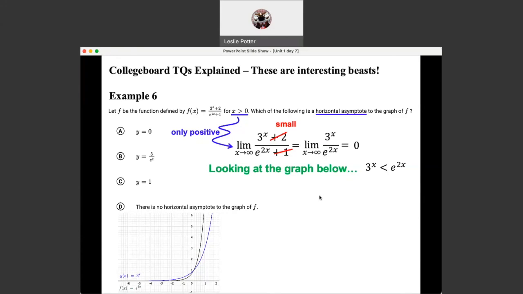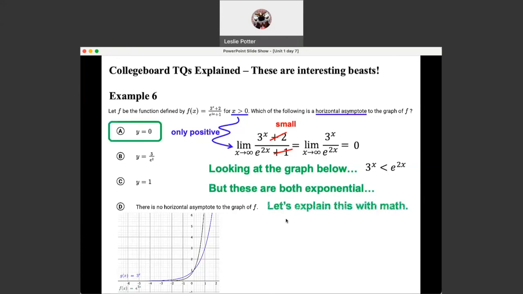Okay, so let's take a look at these exponentials and let's explain this a little more with math. Okay, and that wasn't all supposed to appear at the same time, but I think I have my animation messed up. So this is kind of what I'm saying, right? This is really 3 over e squared to the x. Well, e squared is 2.718 squared, that's about 9.